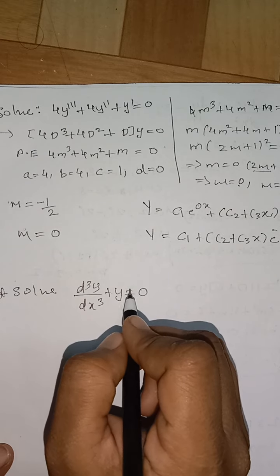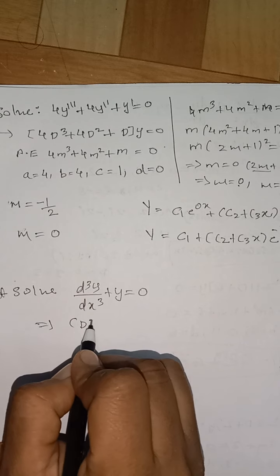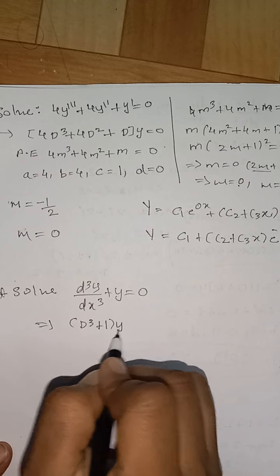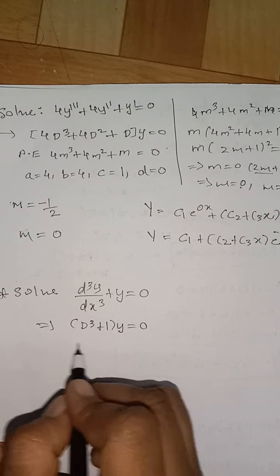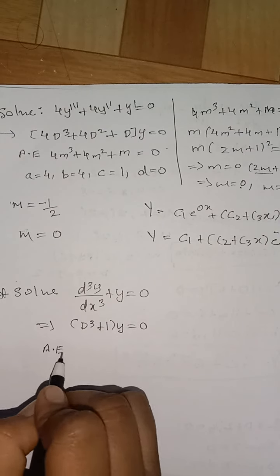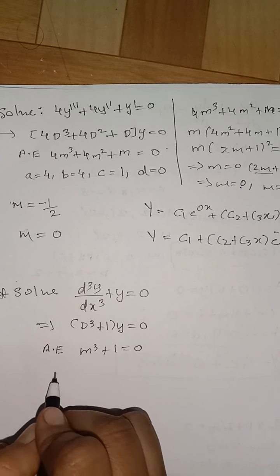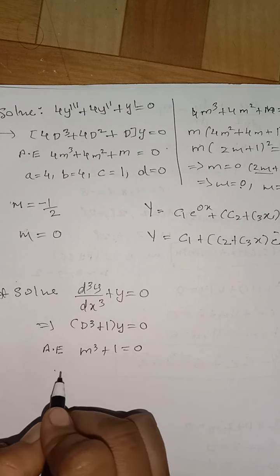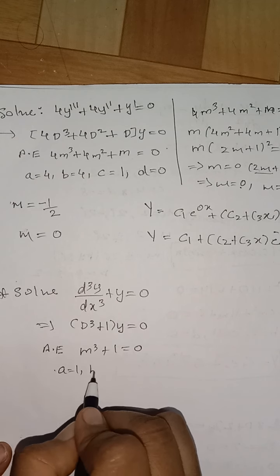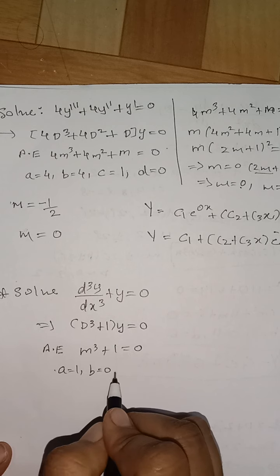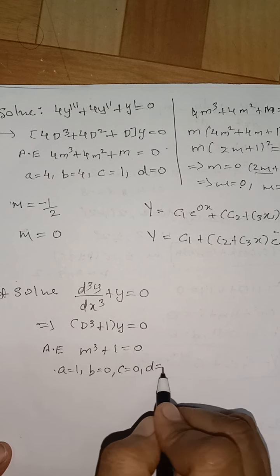This is also a cubic equation, and in terms of the operator we can write it as (D cube plus 1) into y equals to 0. So the auxiliary equation is m cube plus 1 equals to 0. Therefore the coefficient of m cube is 1, so a equals to 1. We don't have m square, so b equals to 0. We don't have m, so c is also 0. Then the constant d is equal to 1.